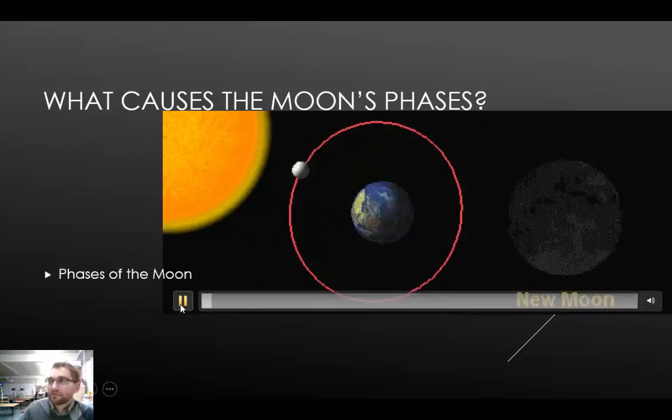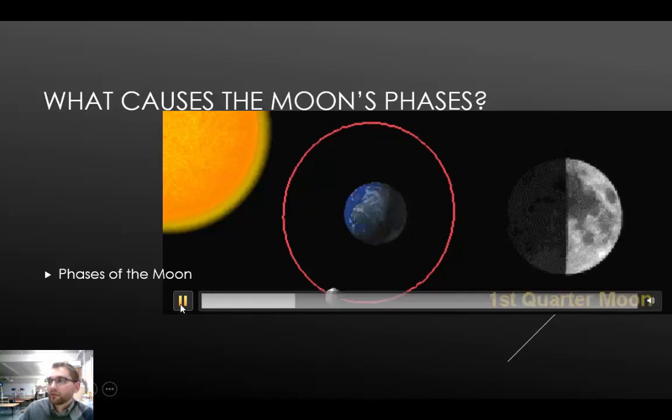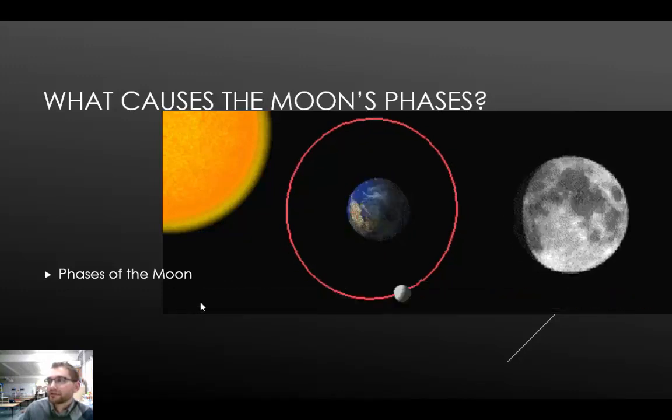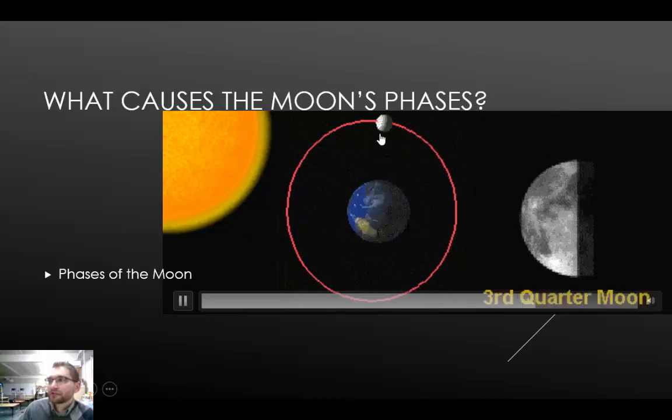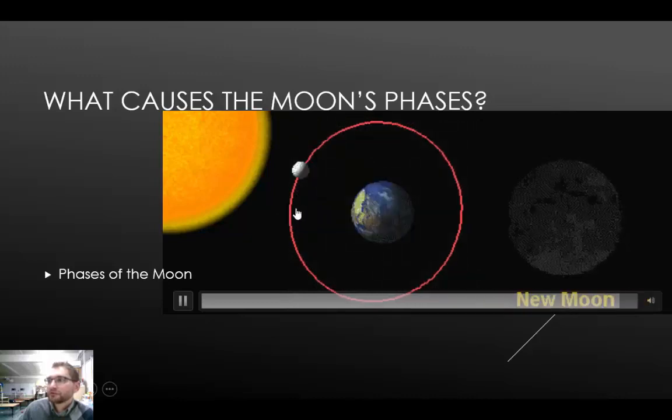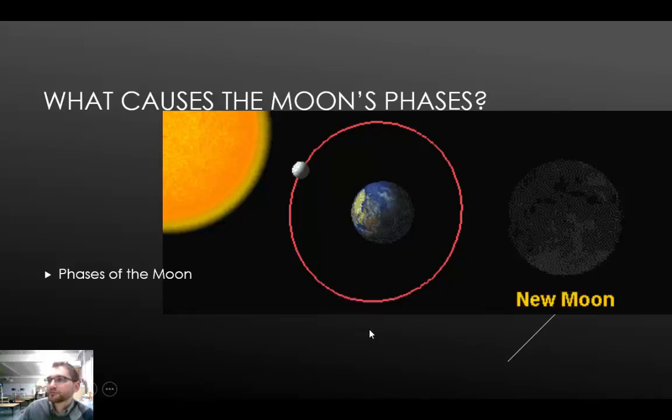So we'll play that again. So right now we are waxing. Now we've got to full moon. Now we're waning, third quarter moon, all the way back to the new moon.